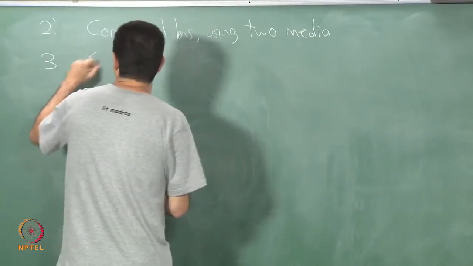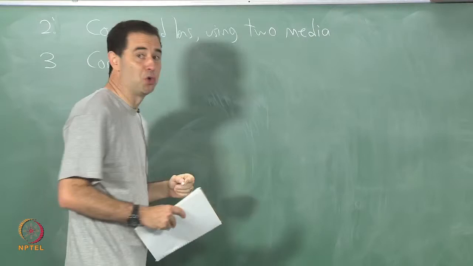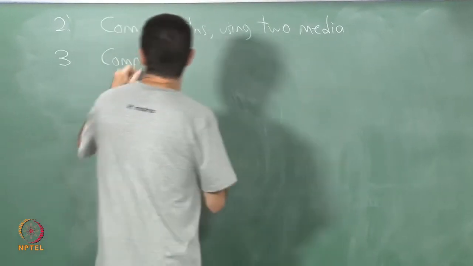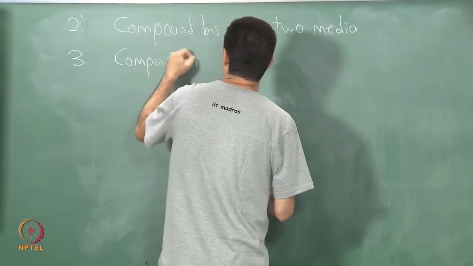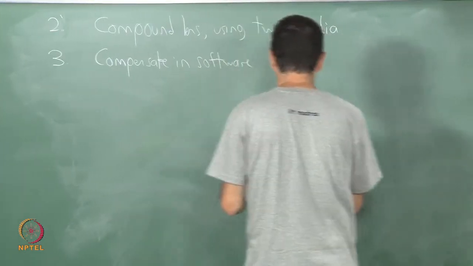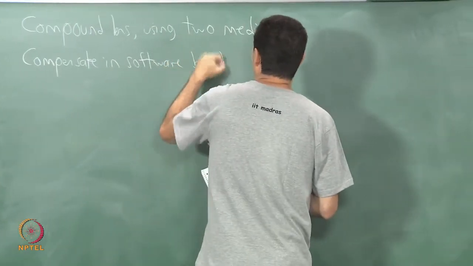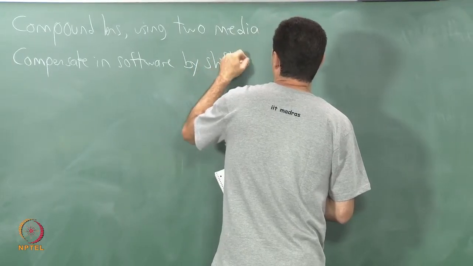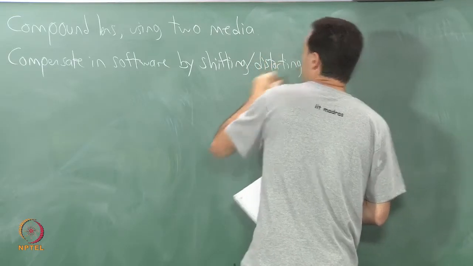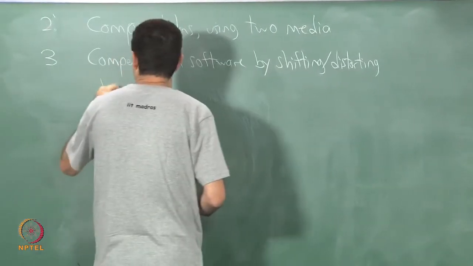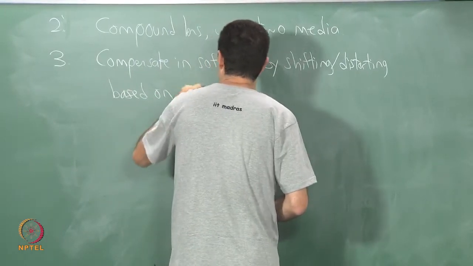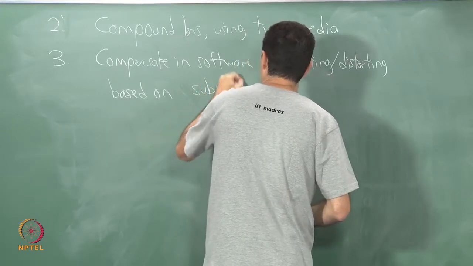So compensate, just as we talked about the optical distortion, the barrel distortion compensating for pincushion distortion, you can also compensate in software by shifting or distorting based on the, let's say, subpixel wavelengths.